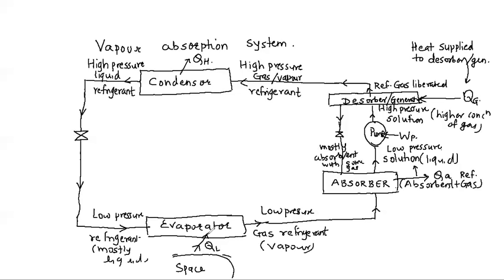For the heat to be absorbed by the evaporator, the heat has to flow through a delta T. So this evaporator would be at a low temperature, and the space has to be maintained at a temperature which is higher than the evaporator temperature, so that there is some delta T. As a result, the heat would flow from the relatively high temperature to the low temperature.